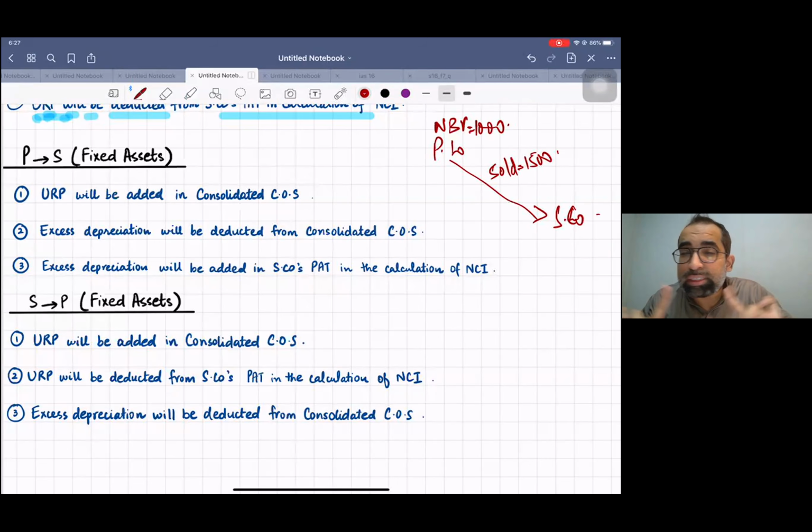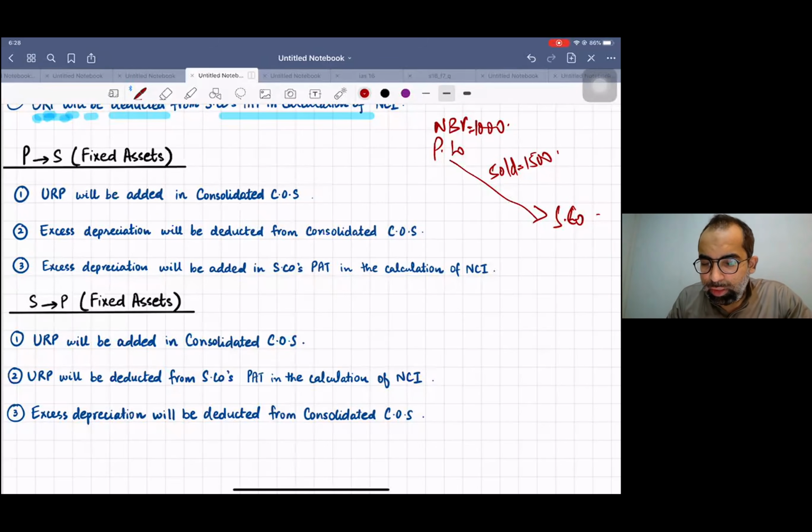This is not your sales revenue, my dear. This is a non-current asset. This is not inventory. Okay, so no more sales and cost of sales cutting. The same step we did with inventory, that step is no more. Now what are the steps? Use your brain, and you will understand.